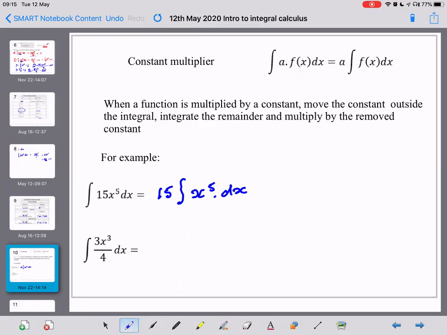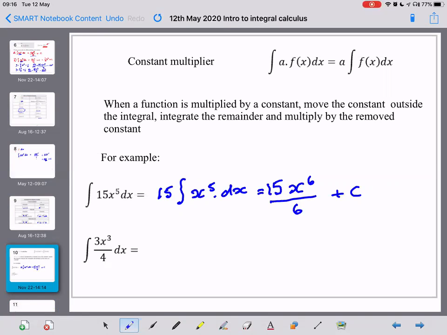So we keep the 15, and we put x, add 1 to the index, divide by 6 and add the constant. We can't simplify 15 over 6 without going into decimals, so we'll leave that as it is.